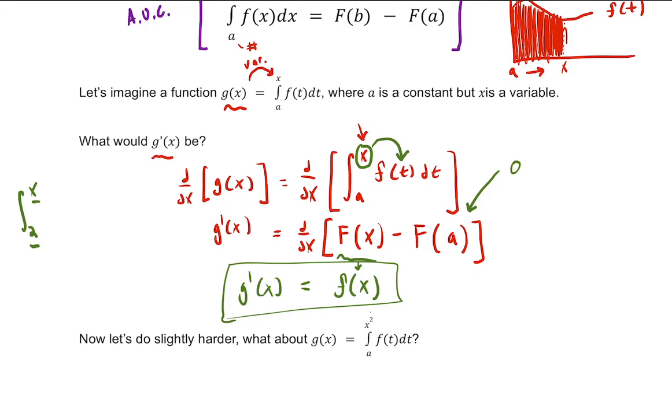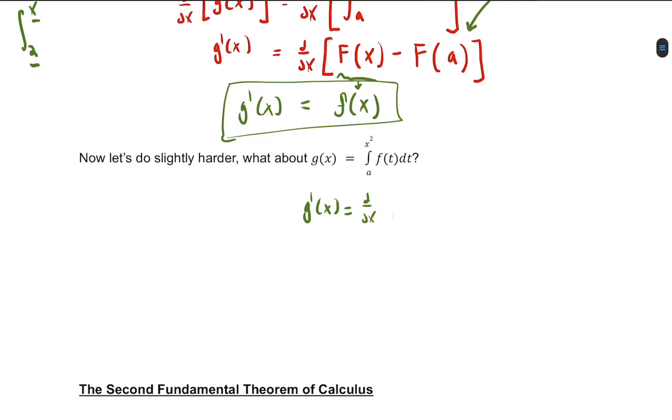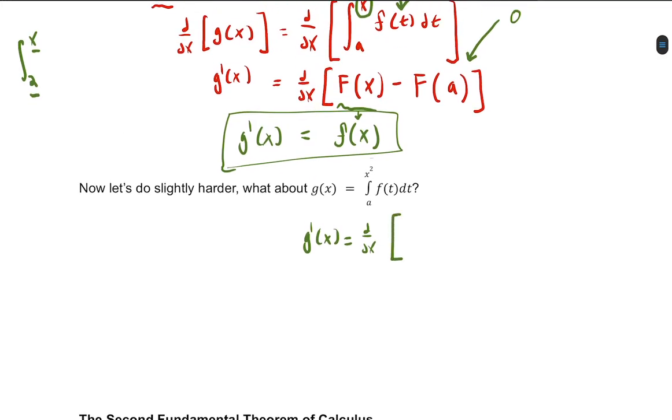You might be suspicious here, and yes, the chain rule is going to be involved. So let's say we did g prime of x of this thing here. Well, we'd have the derivative of, and I'm going to save a little bit of paper here, I'm just going to skip straight to the fundamental theorem part 1. This is f of x squared minus capital F of a.